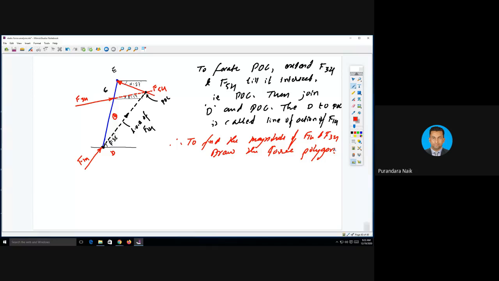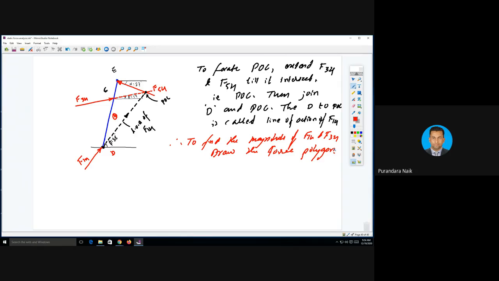We have solved similar problems in the last classes, correct? Remember, if you have a 3 force member, only 2 options: find the point of concurrency, and after that you can find the unknown things. If it is a 2 force member, forces are equal and opposite always. Now, how to draw the force polygon?